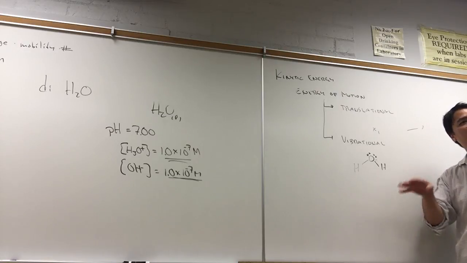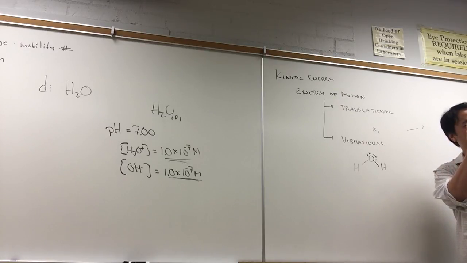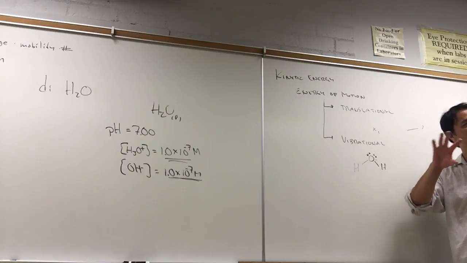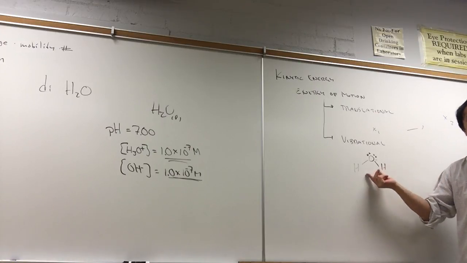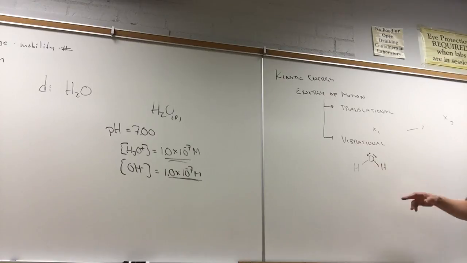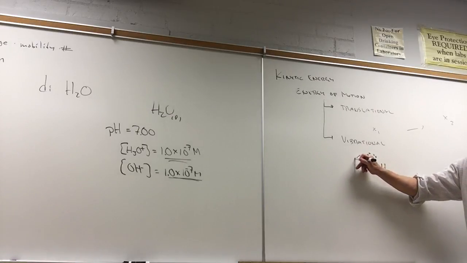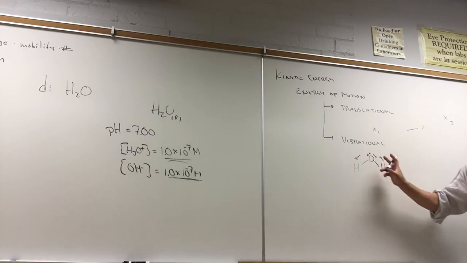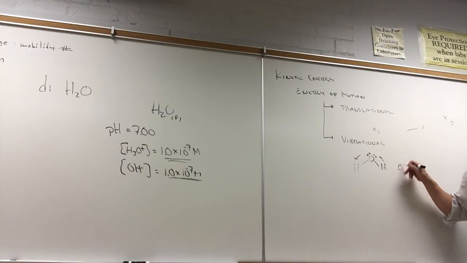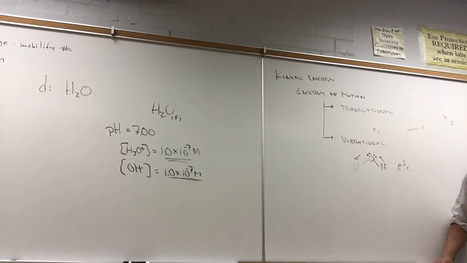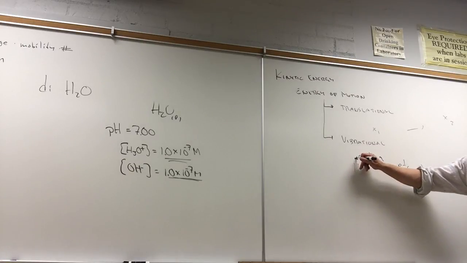If you look at how a water molecule moves within itself, you'll notice that there are just 3 ways. For other molecules, there are more ways it can vibrate. But we got vibrational motion. For example, like this. It's vibrating. This one out, this one in, different types, etc.